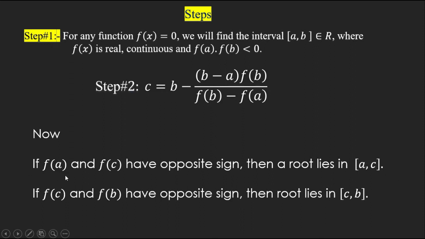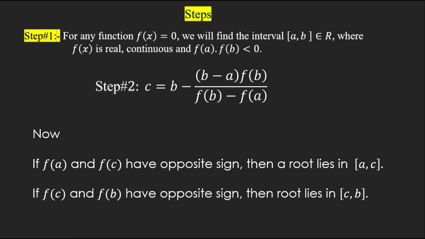So if f of a and f of c have opposite signs, the new interval will be AC, and if f of c and f of b have opposite signs, then the new interval will be CB. And we will repeat this process for our next iteration, and by repeating the process, we will get closer and closer toward the root of the function.